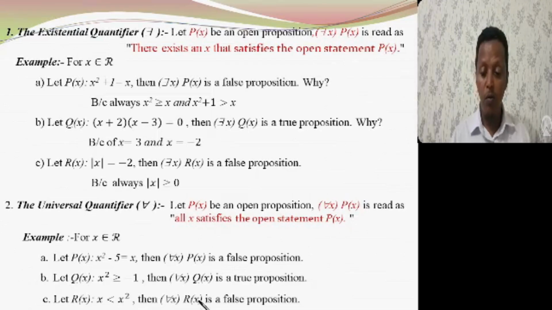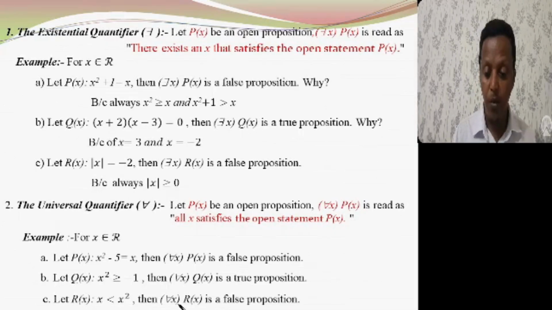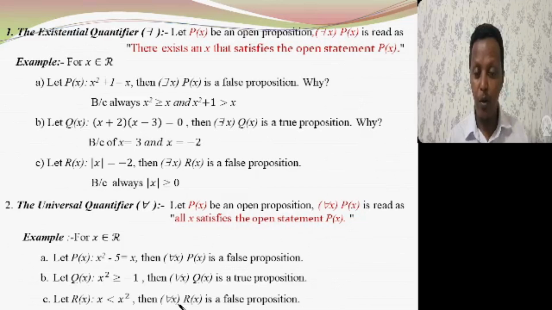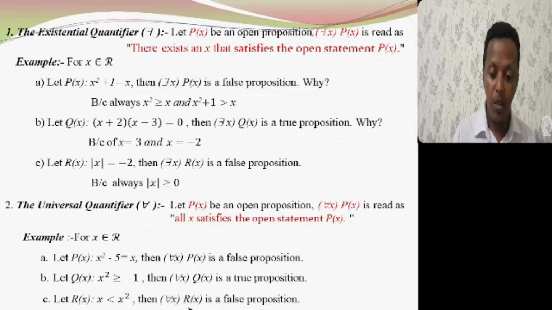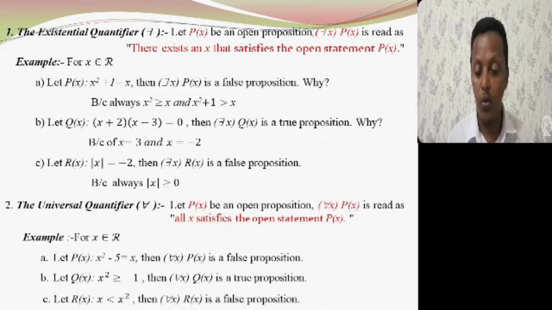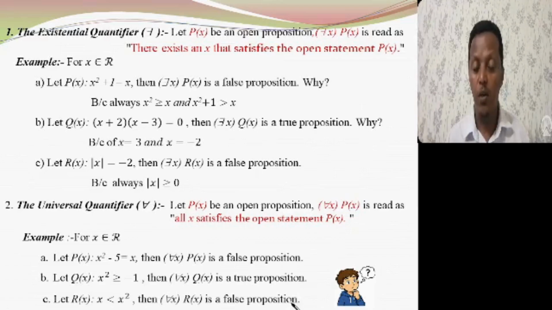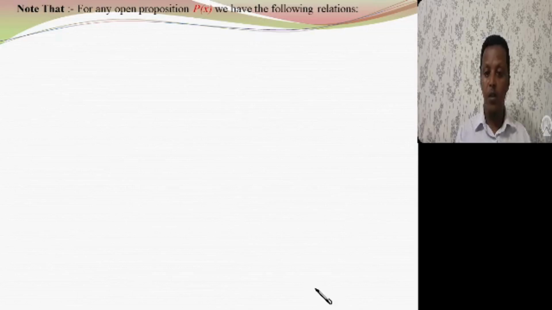So to say for all x, R of x is false, one real number is enough. Meaning, if you get one value from the domain which does not satisfy the property of the open statement, for all x, R of x becomes a false proposition. In order for this to be true, all must satisfy the property of R. I hope you have the idea. Now let's proceed to the second point.